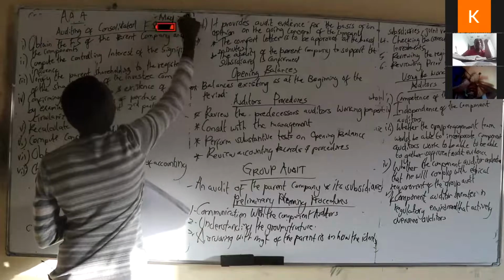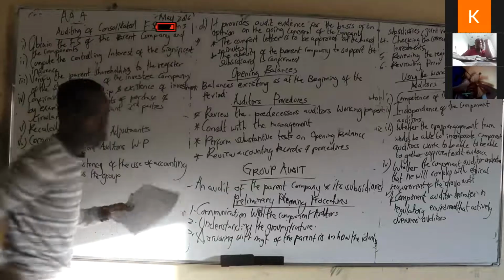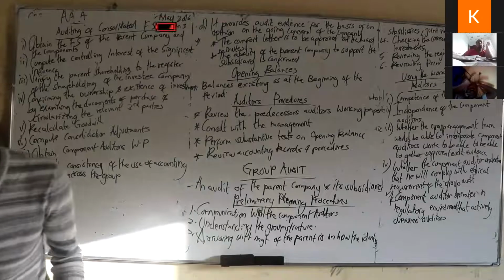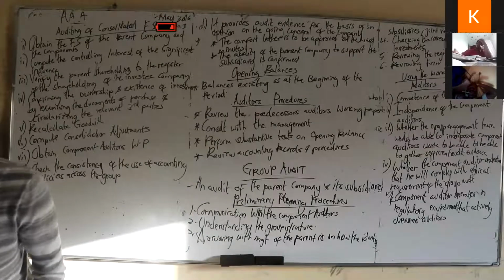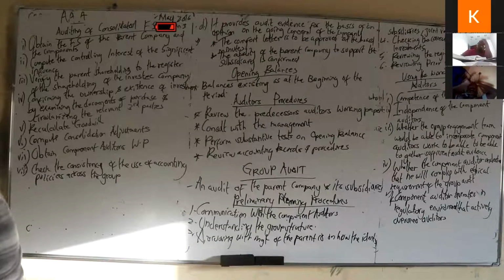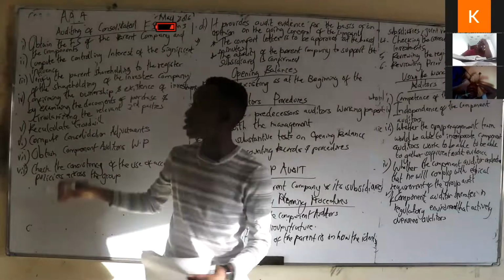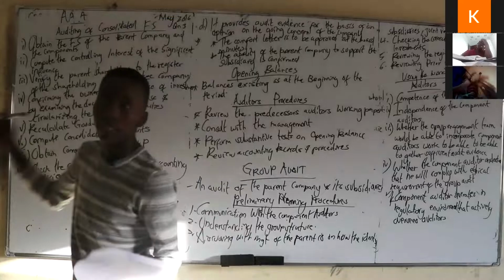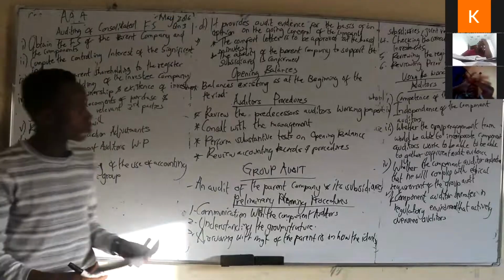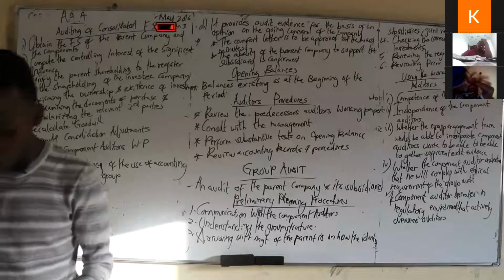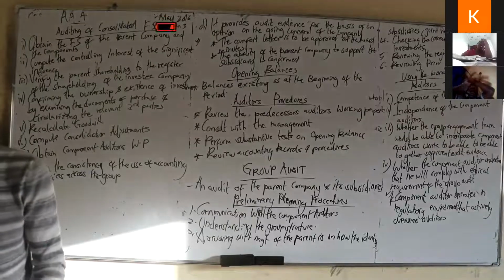So that is May 2016, question 3. So like I told you, this area is very examinable. So when you're auditing these items, you should consider the intergroup balances, the intergroup sales, also the goodwill, and then also the unrealized profits and NCIs.